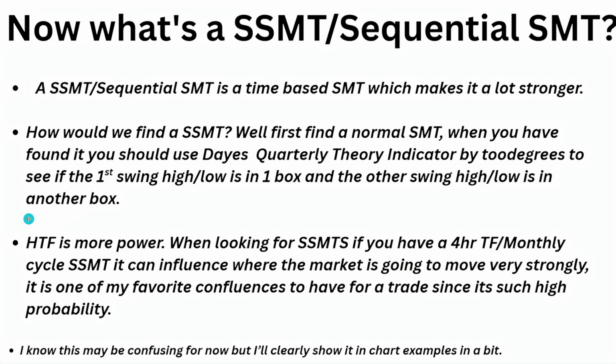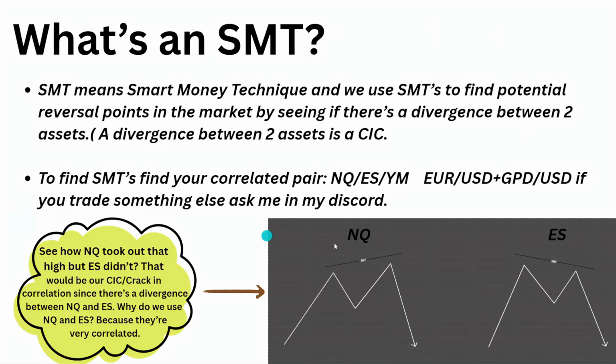So I'm going to try to give you the best understanding that you can think of right now in this presentation. So let's say, quarter 1. If you haven't watched my quarterly theory video, definitely go watch that. That's going to help you a lot. This high is in quarter 1, right? And then this high is in quarter 2.